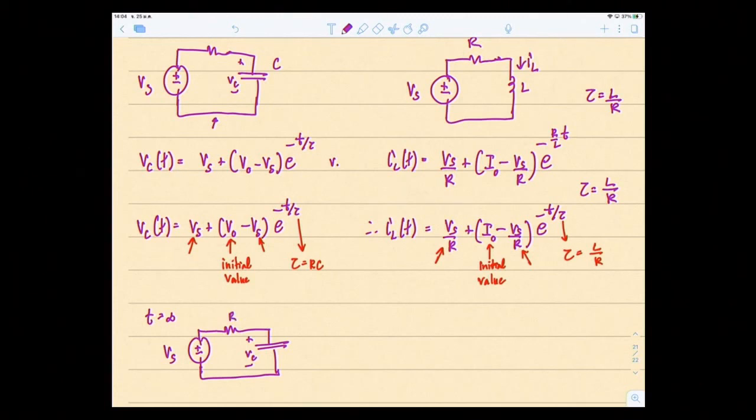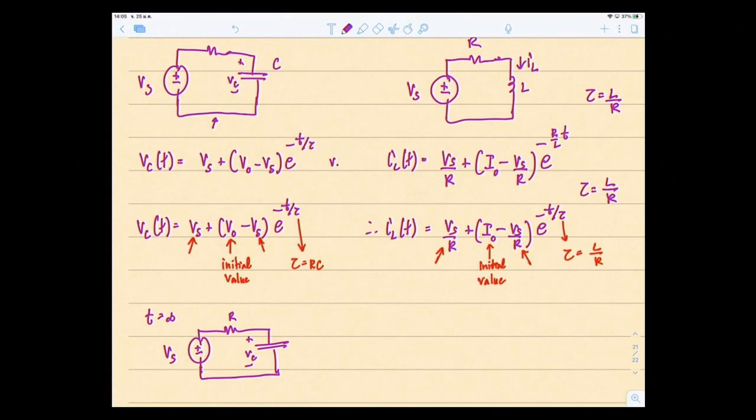From our rules for DC circuits, if there's no change in the voltage in the capacitor, or in other words, if the capacitor is fully charged, we can assume that at t equal to infinity our capacitor is fully charged.